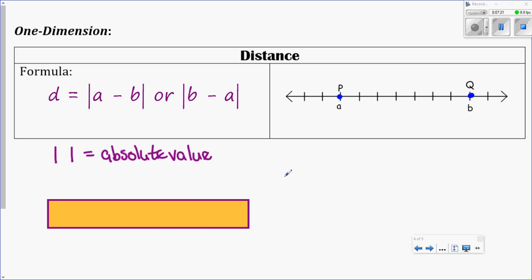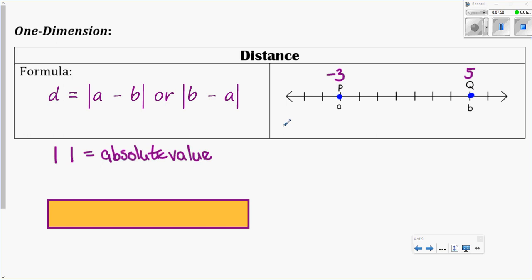positive. So when it comes to distance, let's say we had -3 and then we had 5 for this point. We could plug in whichever. I know this one says A, so you put A wherever for -3 where A is, and then B is 5. So it doesn't matter which order you put it in, as long as you have the absolute value, your answer will come out positive.